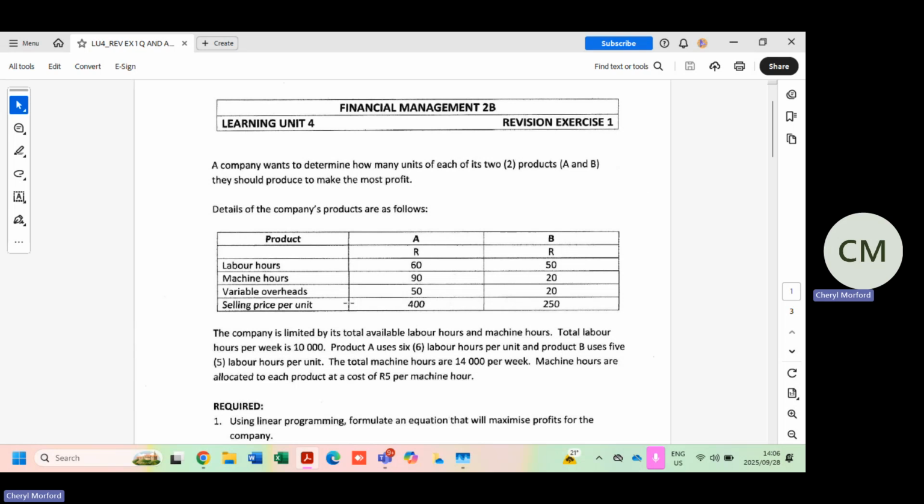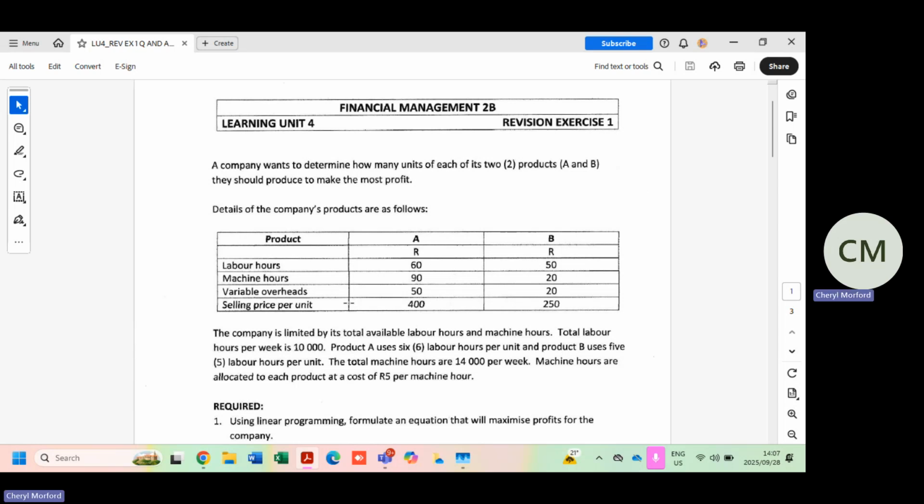So what is linear programming all about? Where we have two or more limiting factors or constraints, and we need to find the optimal product mix, we would use this method. So the number of units of each of the products to make in order to bring in the greatest contribution.